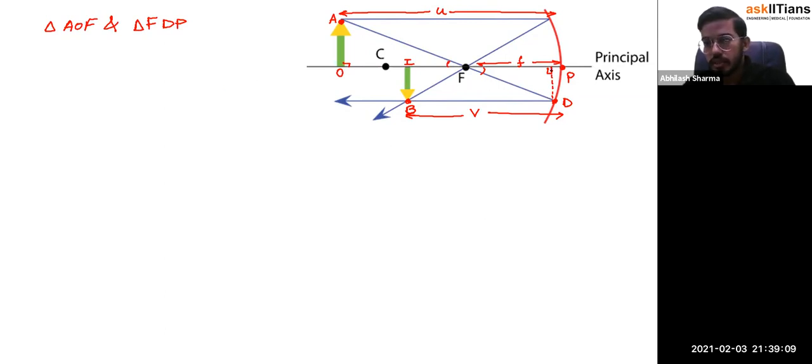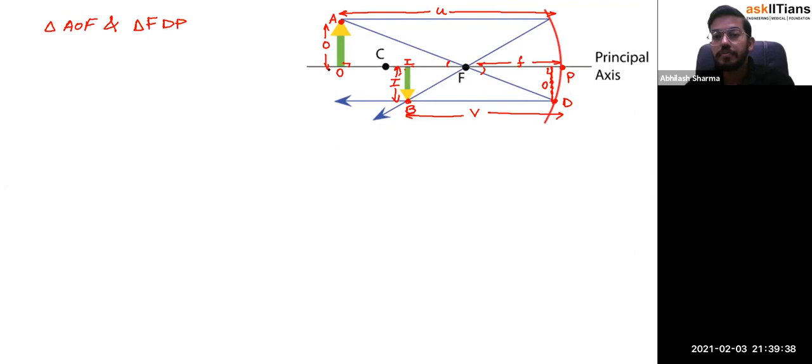Now what is this perpendicular that I have dropped? That is same as the image height, isn't it? That is what I called as the image height. And this is what I'm calling as object height, O. So this perpendicular distance is also O. And now I can simply apply the similar triangles property.